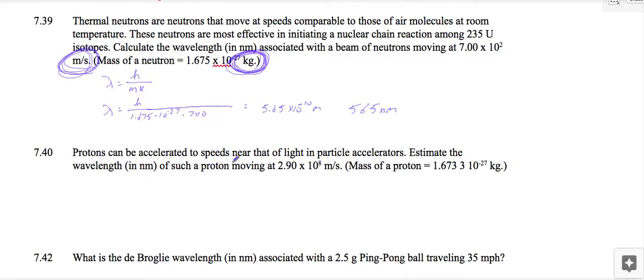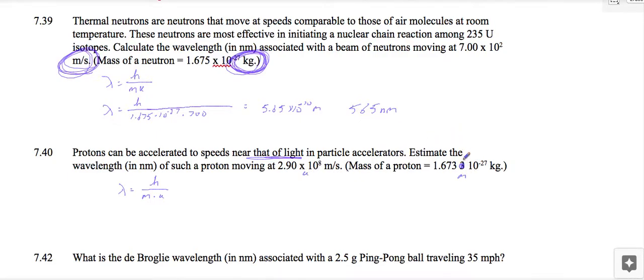Number 40 is the same thing, and this is the one I was thinking about, that we can accelerate these things almost to the speed of light. 3.0 times 10 to the 8th meters per second is the speed of light. So we can do this problem the exact same way. The mass is going to be this guy over here, and then we have the velocity here. Now, this is fixed on yours.